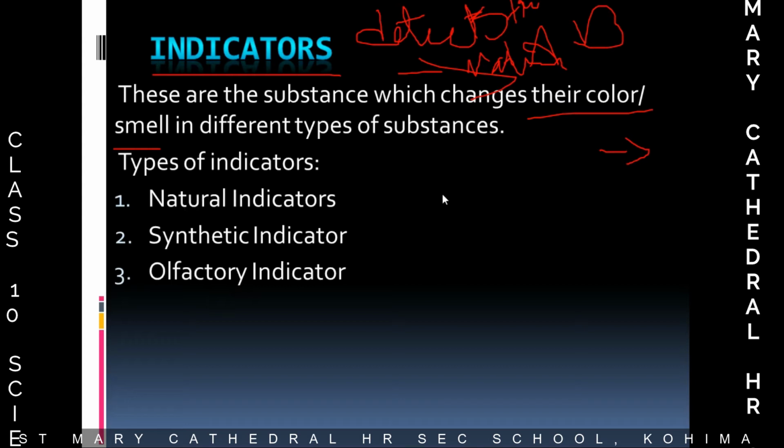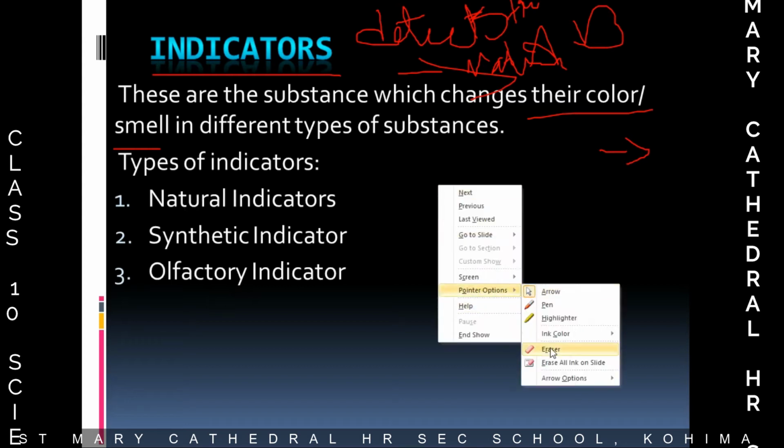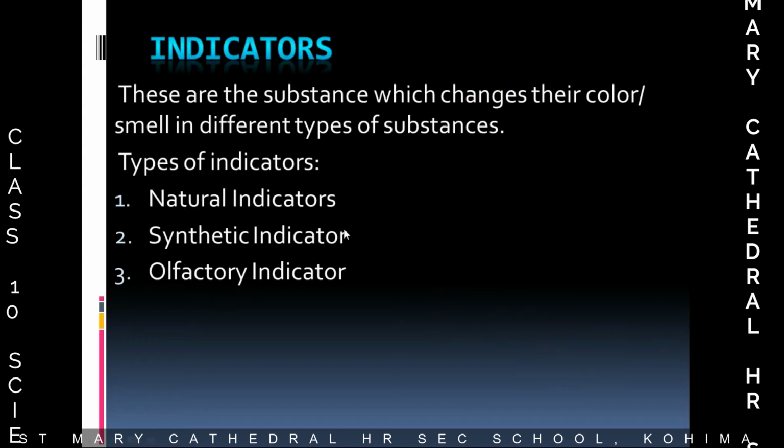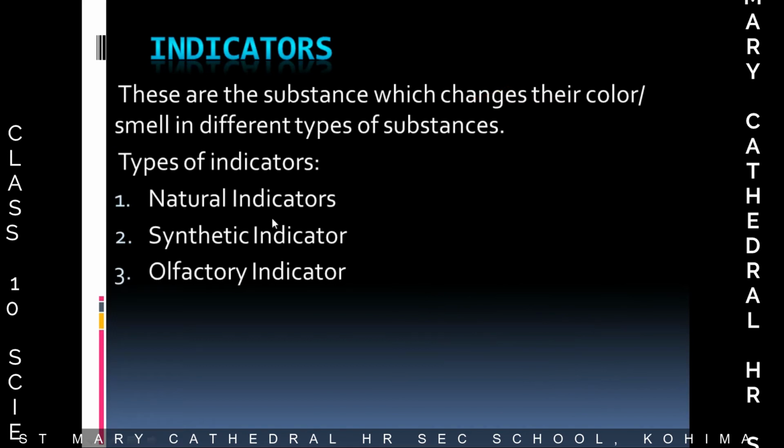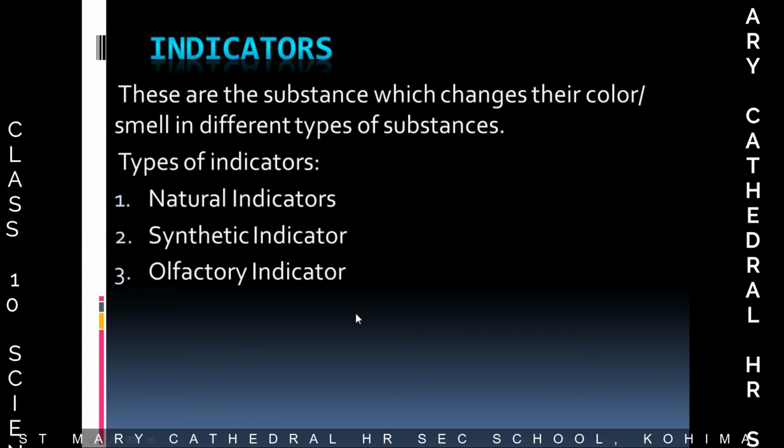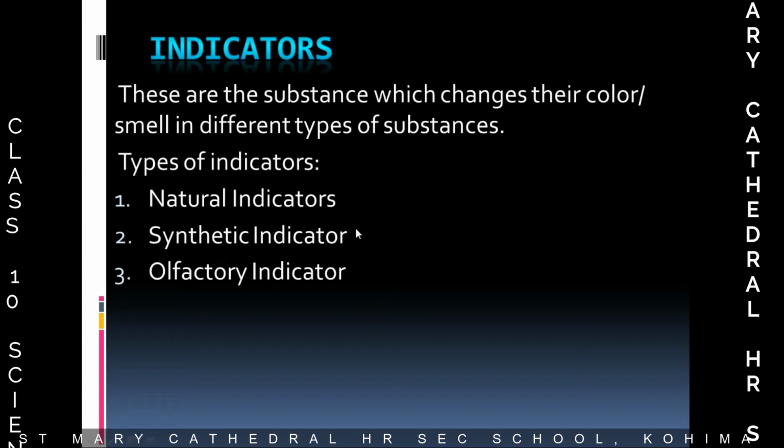Now in natural, the name itself gives us the idea that it is found naturally. Another thing is synthetic indicators are those chemicals which are made artificially to help us indicate. And lastly, olfactory.